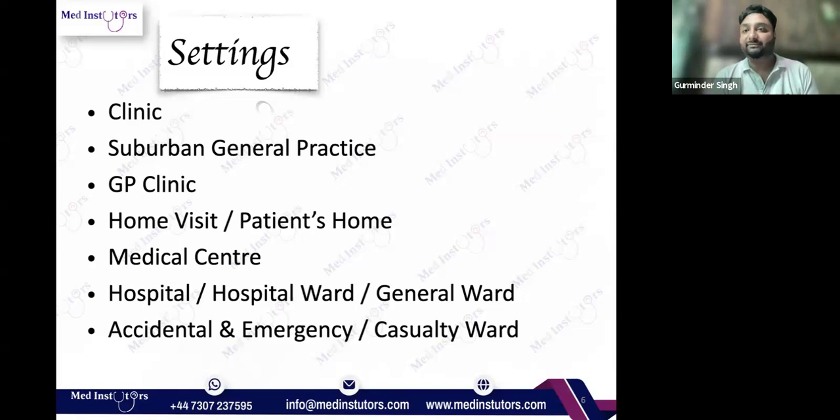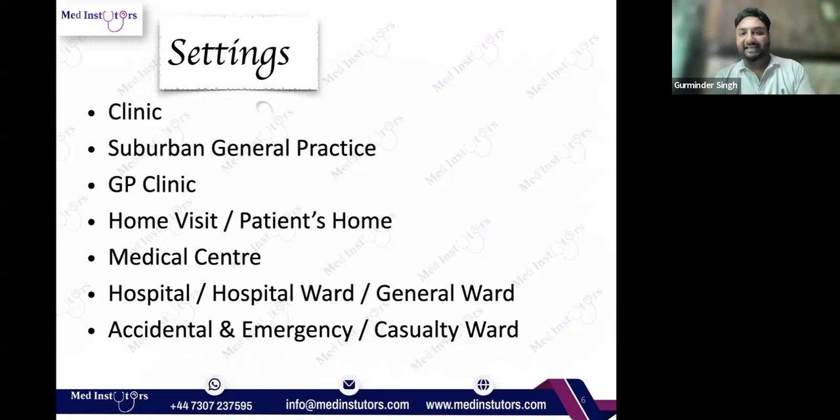Now, next is home visit. In a home visit or patient's home, we are visiting at their home. So there we can use an introduction, for example, good morning. My name is Gurminder, and I'm the registered doctor at this community hospital or in this locality.